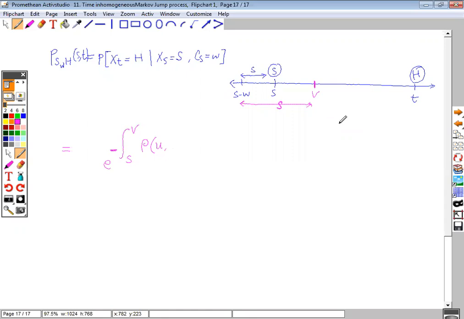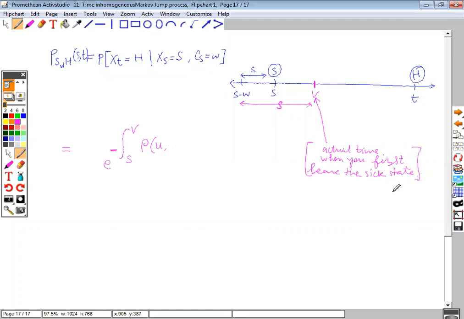Let me first write here: V is the actual time when you first leave the sick state. So this V here is the actual time when you leave the sick state for the first time.